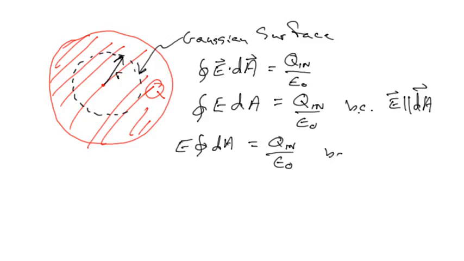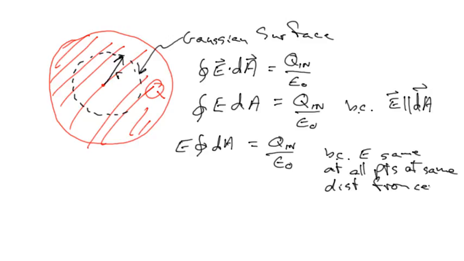So this is because E is the same magnitude at all points, the same distance from the center.